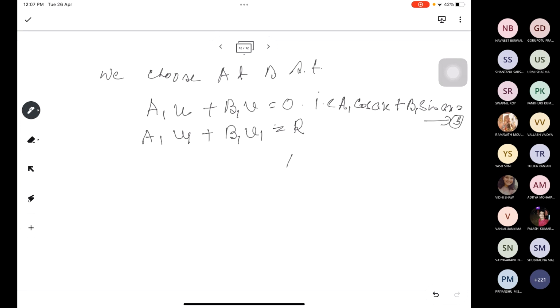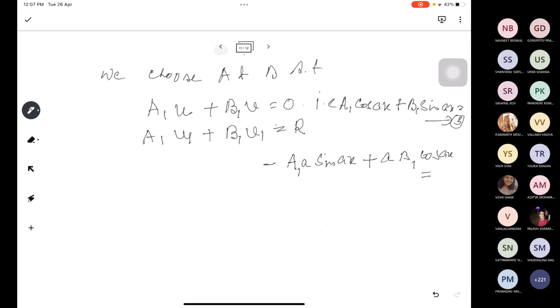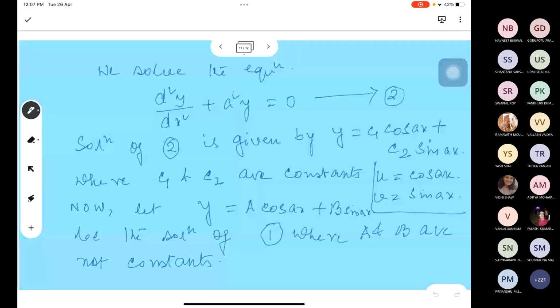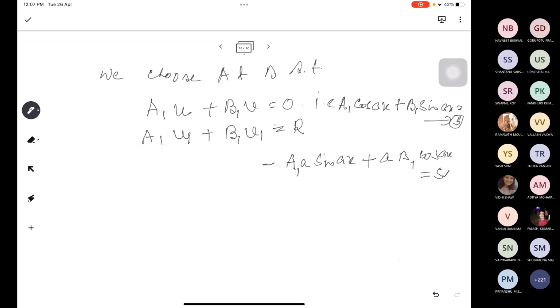And A1 U1 plus B1 V1 is equal to R, that is, A1 into the differentiation of cos ax, minus a sin ax, plus B1 V1 is equal to R. What is your R here? Take sec ax. This is your equation 4.